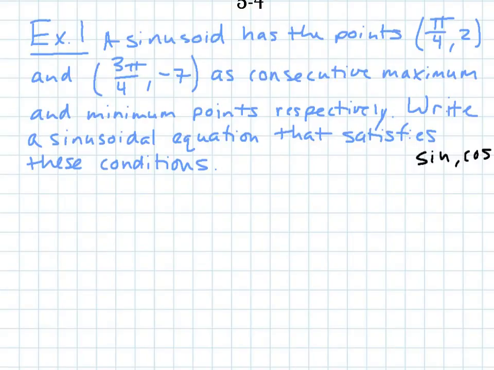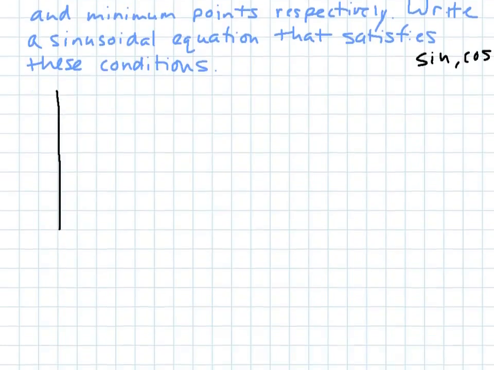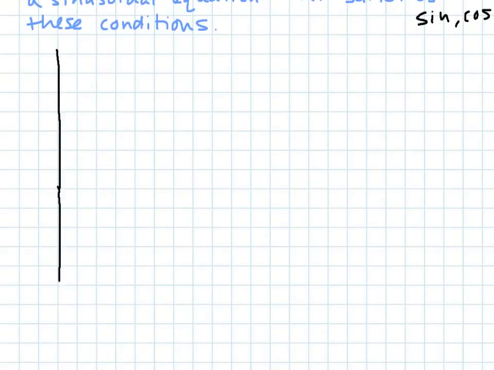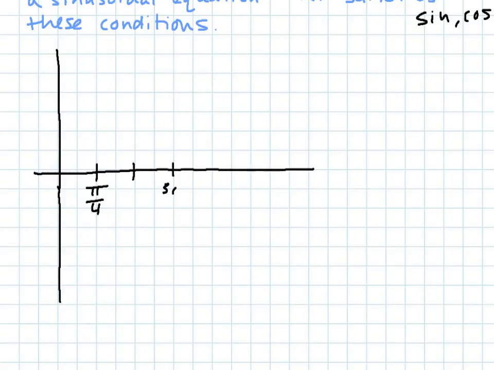Now first it'd be nice to graph these, kind of get a decent picture. So you have pi over 4, and then 3 pi over 4, and you have 2, and then you have negative 7.